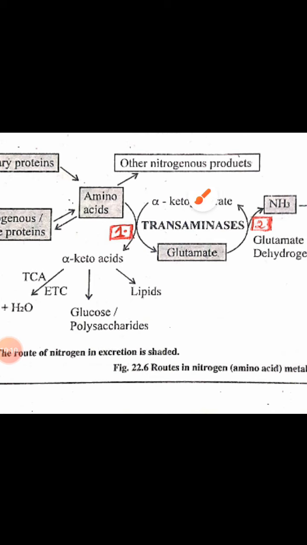So the amino group has been transferred to a keto acid. Now from this keto acid, what happens? You have got the amino group in glutamate. Glutamate is nothing but an acidic amino acid. From this glutamate, the amino group is removed. It is deaminated as ammonia.